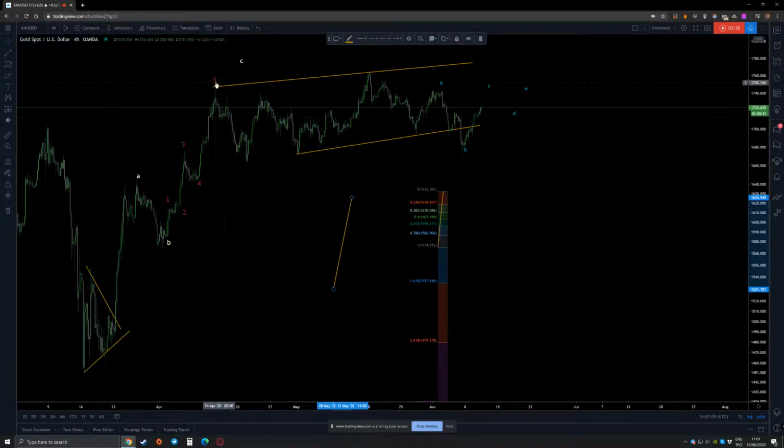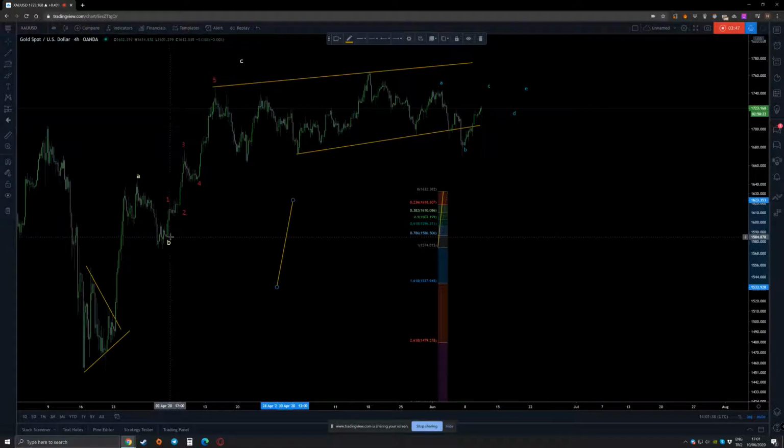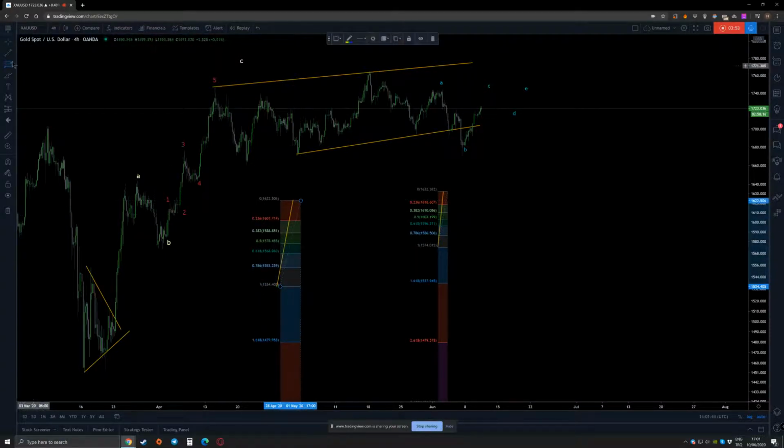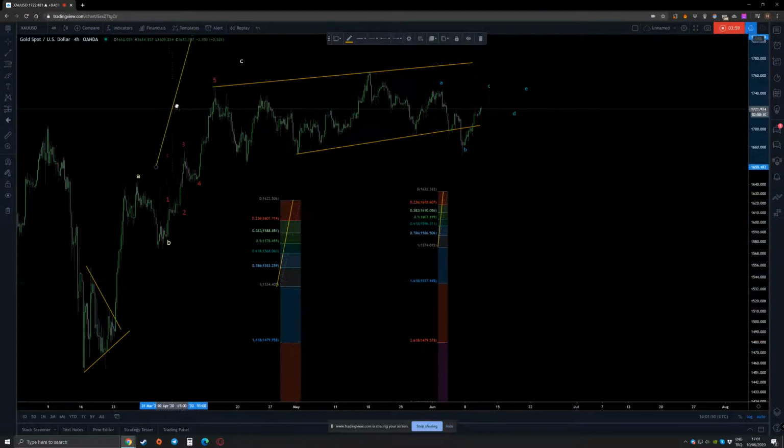First of all, if this was a fifth wave extension, we would need, if you remember the video about fifth wave extensions, I did say that the usual target for fifth wave is, what we have to do is take from zero to the third wave, and we should take 161.8 percent of it, and we have to put it on top of the third wave.